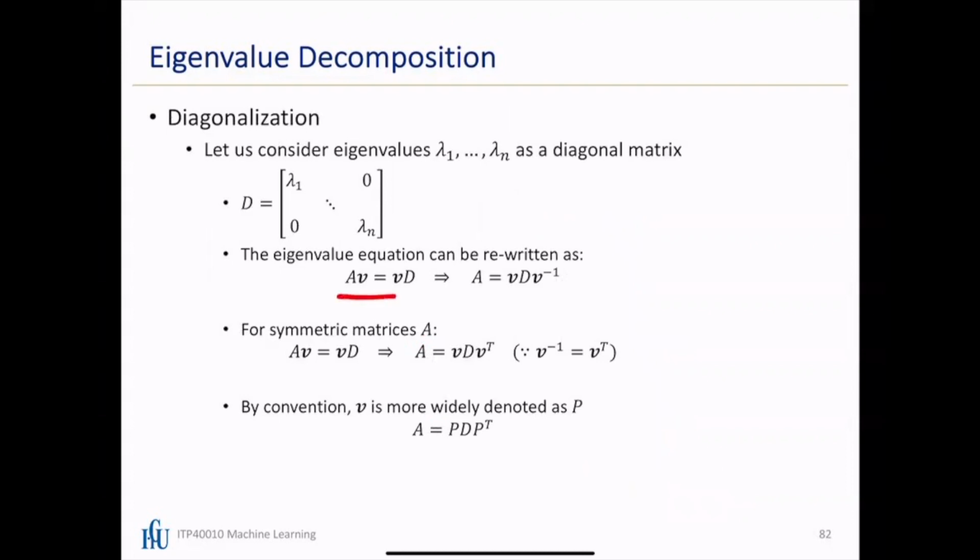So what we just discussed is written over here. And one of the properties of the eigenvectors is that they are orthogonal. When things are orthogonal, this is one of the properties of an orthogonal matrix: the inverse of B is equivalent to B transpose.